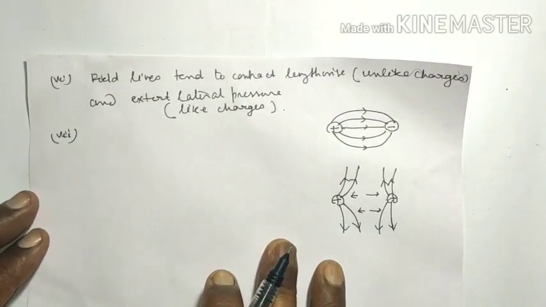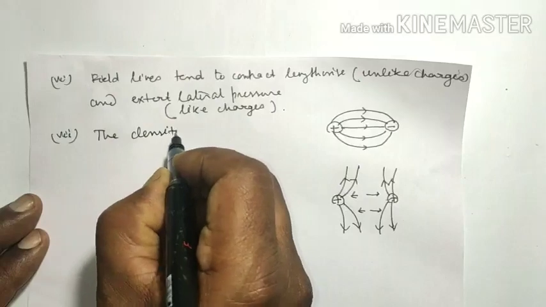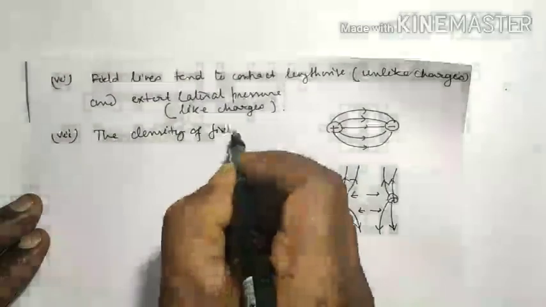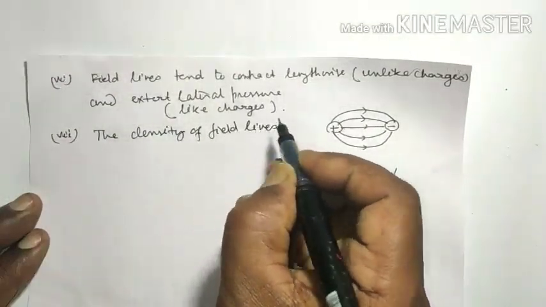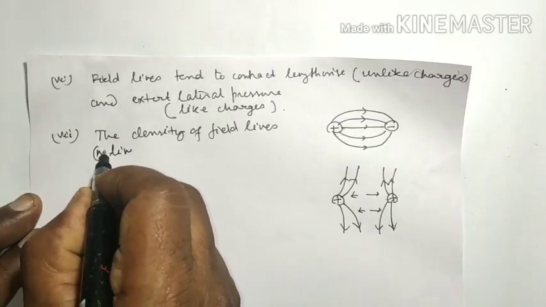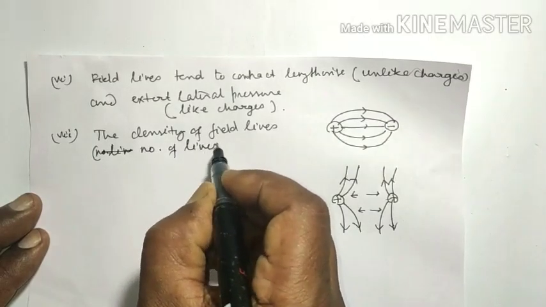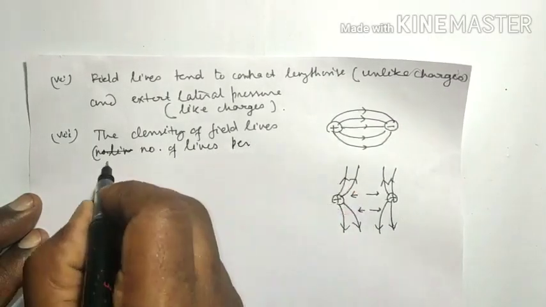Next property, the density of field lines. Density of field lines means number of lines per transverse area.